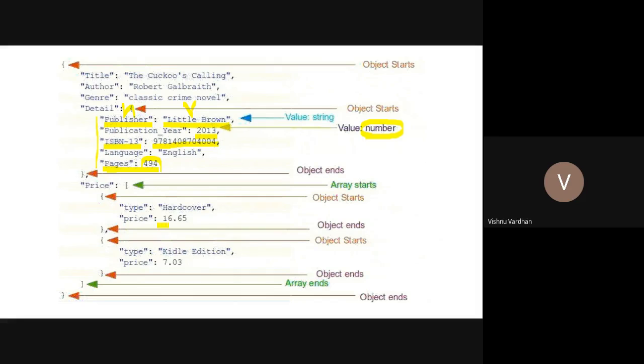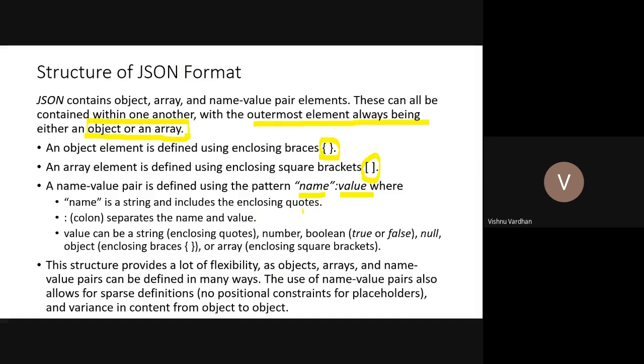As it is a double, it's again a number, you do not have double quotes. But except those boolean and numbers, every time you have to keep these double quotes for all the strings and other kind of implementations. So name is a string including the quotes, colon separates the name value. Value can be a string, number, boolean, null, or it can be an object. All these are possibilities for the JSON object.